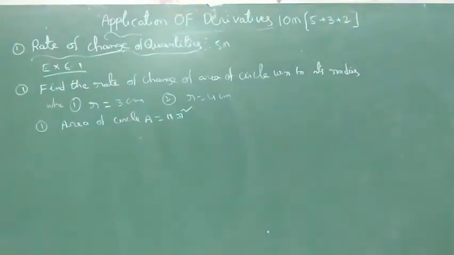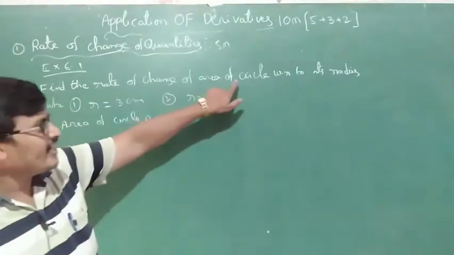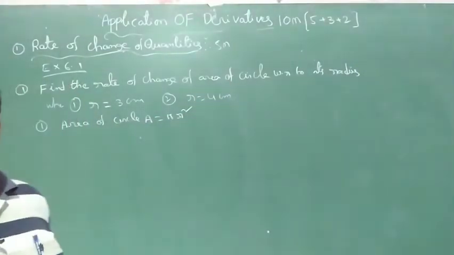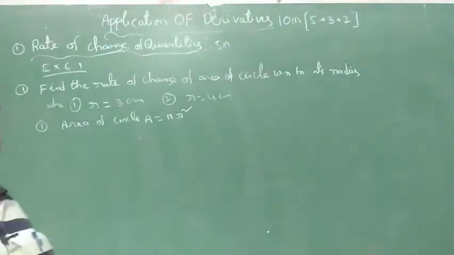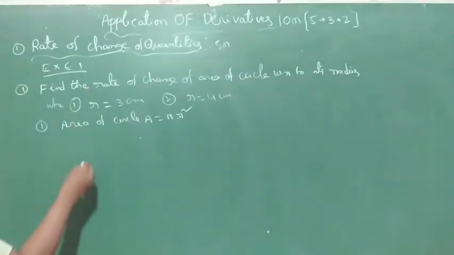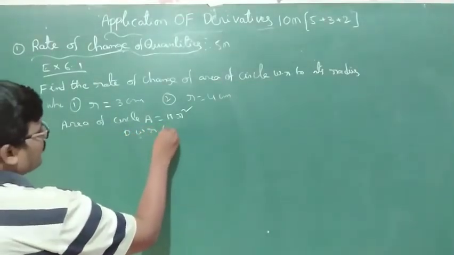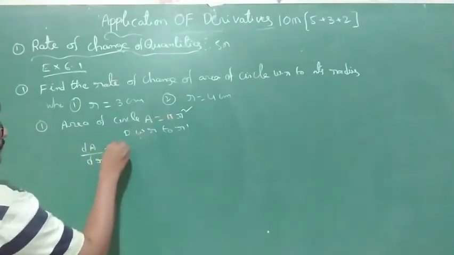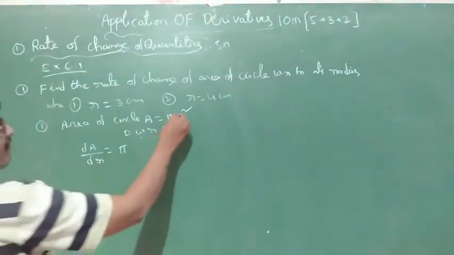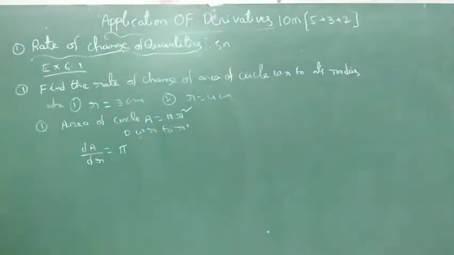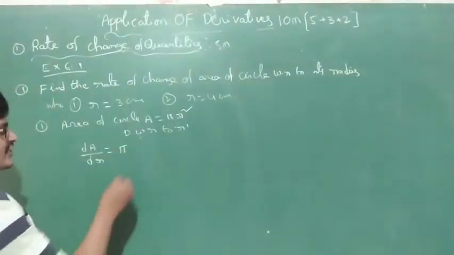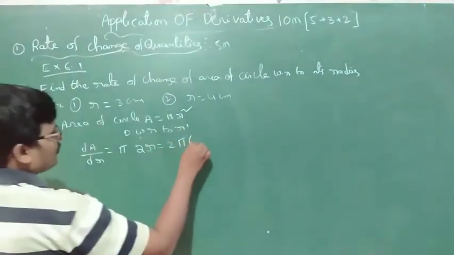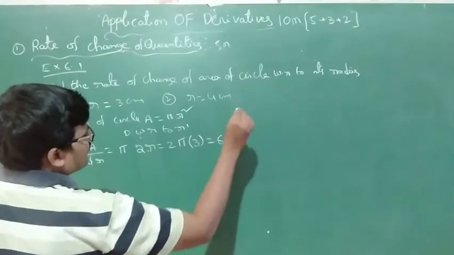We have to calculate the rate of change of area of circle with respect to radius, so differentiate with respect to r. dA by dr is equal to, pi is always constant, derivative of x square is 2x, so derivative of r square with respect to r is 2r. That is equal to 2 pi into r, with r equal to 3, that is 6 pi.